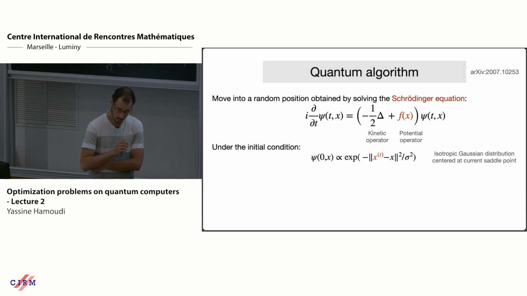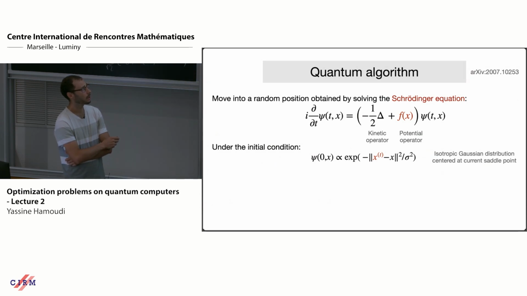So there was a suggestion in the paper on the right of choosing the noise by solving the Schrödinger equation and sampling from the resulting state. It does the following. We consider the Schrödinger equation with real dynamics, so x is a real number. It is the point to which you want to move in order to escape the saddle point. And it evolves over time according to the kinetic operator and the potential, which is the function f that you want to optimize.